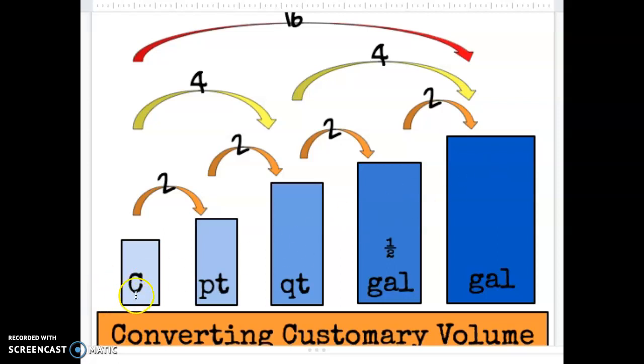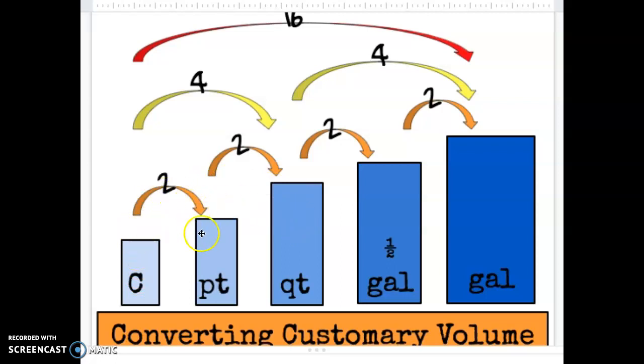We have the abbreviations here for cup, pint, quart, half gallon, and gallon. And between each one, you can see this arrow with a 2 on it. There are 2 cups in a pint, 2 pints in a quart, 2 quarts in a half gallon, 2 half gallons in a gallon. So let's say that I wanted to find out how many cups were in a quart.